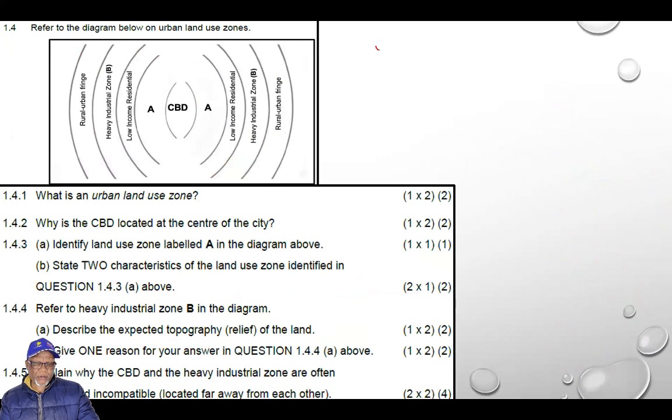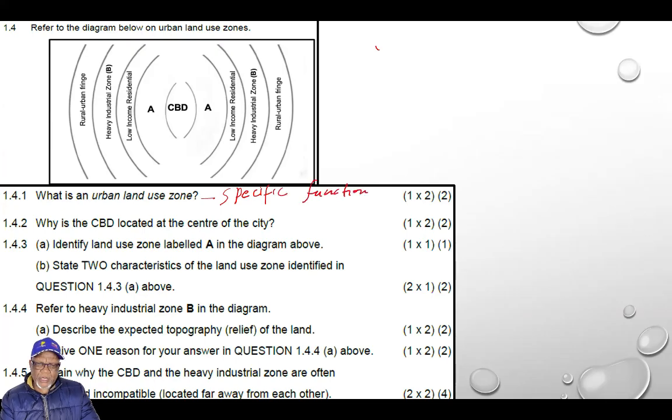Now, let's quickly go through this question. What is an urban land use zone? You must be able to give a definition for an urban land use zone. It simply refers to a part of an urban area with a specific function.